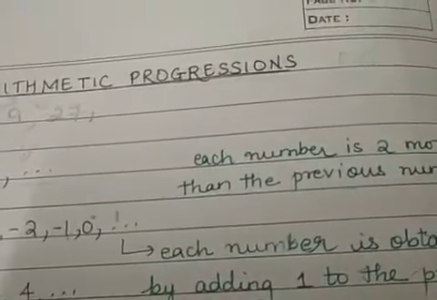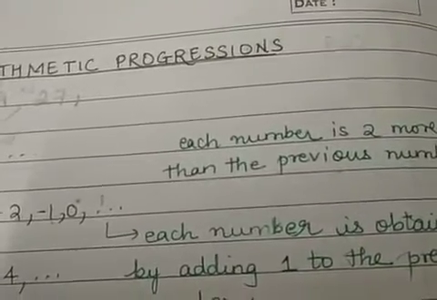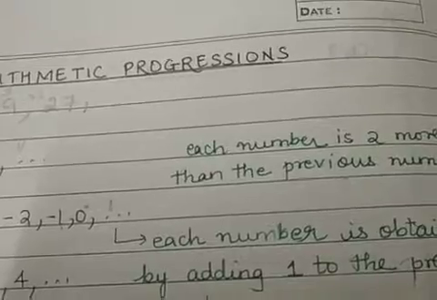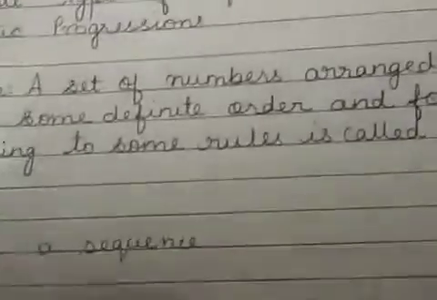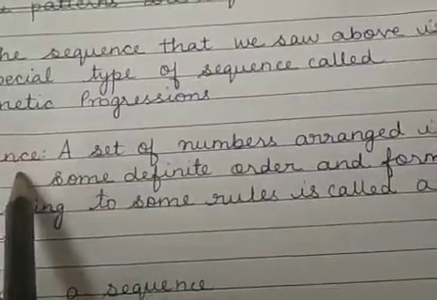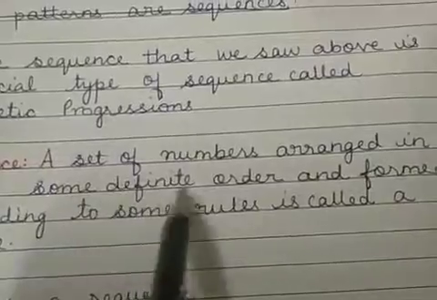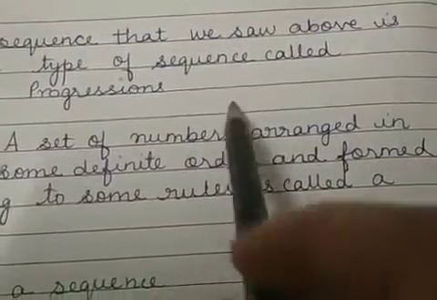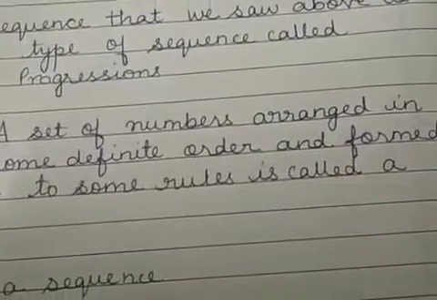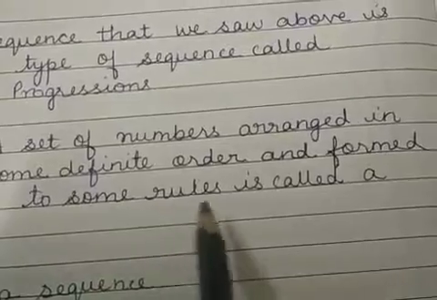These sequences, or these sets of numbers that you get, are called sequences. What are sequences? A sequence is a set of numbers arranged in some definite order. So they are arranged in a particular order, and they are formed according to some rule.